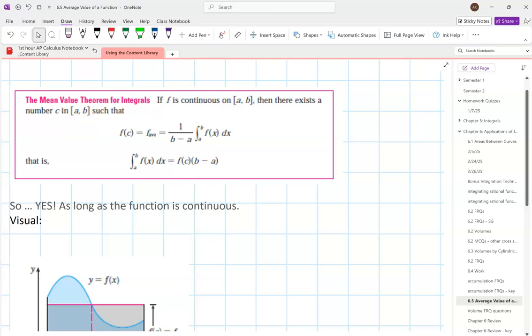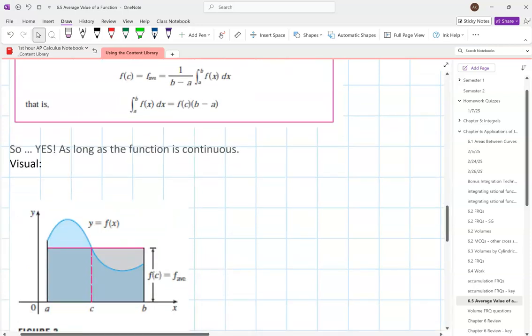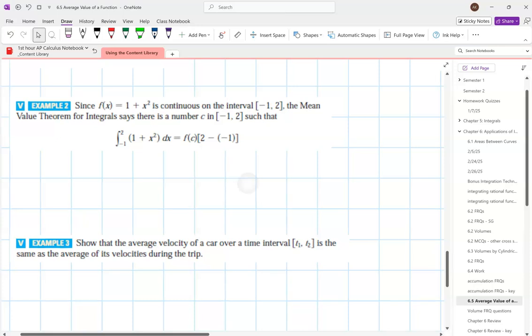So it provides you another way to think about this.